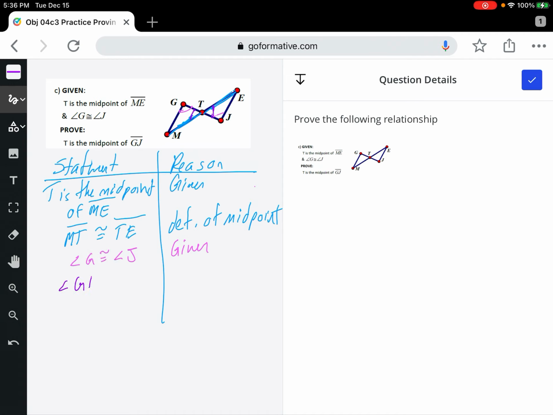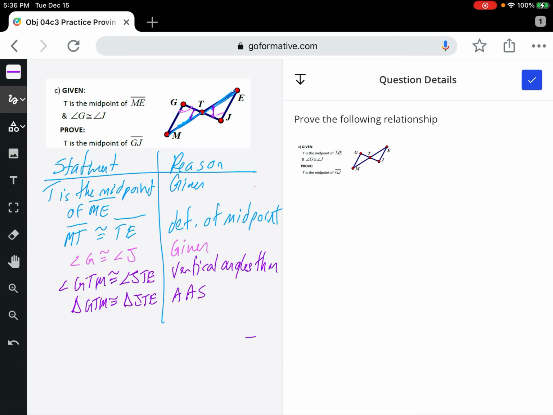So I know angle GTM is congruent to angle JTE, and that's going to be vertical angles theorem. And so that's enough information to say that triangle GTM is congruent to triangle JTE, by angle, angle, side.